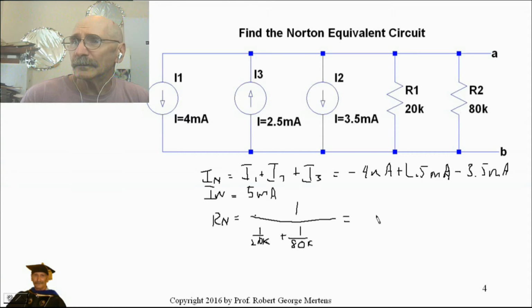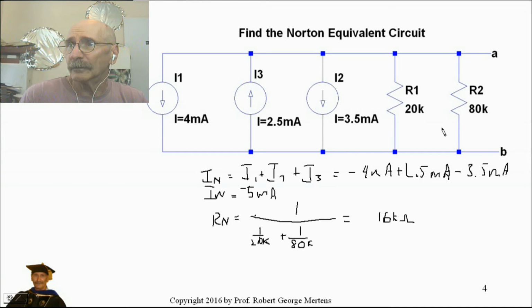And that comes out to 16K ohms. Alright, and then in order to get our whole circuit, this is all going to combine into a single current source. And which direction will this be? It's going to be downward because the net is going to be a negative, minus 5 milliamps.